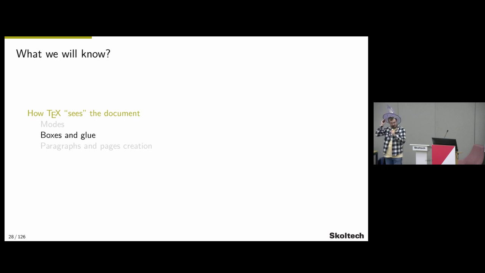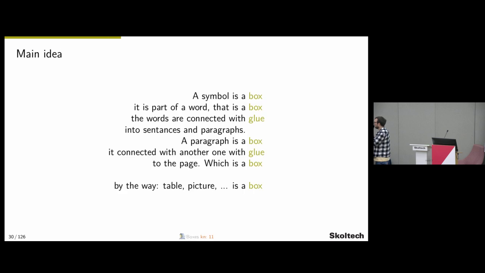The second topic is about boxes and glue. Everything you see is boxes or glue in LaTeX. If you see a symbol, it's a box. If you see a word, it's a box. If you see some space between two words, it's not a space, it's glue.